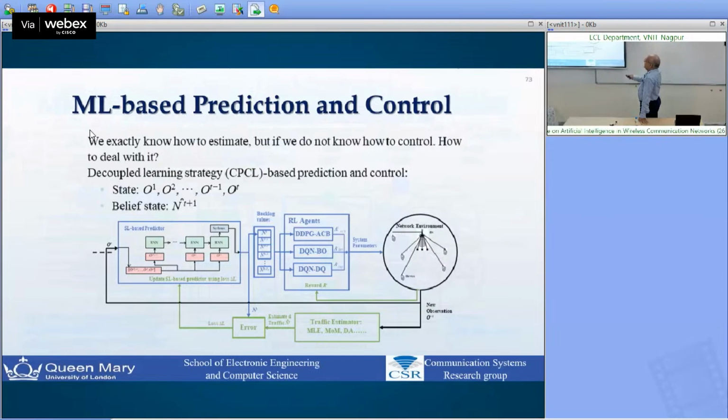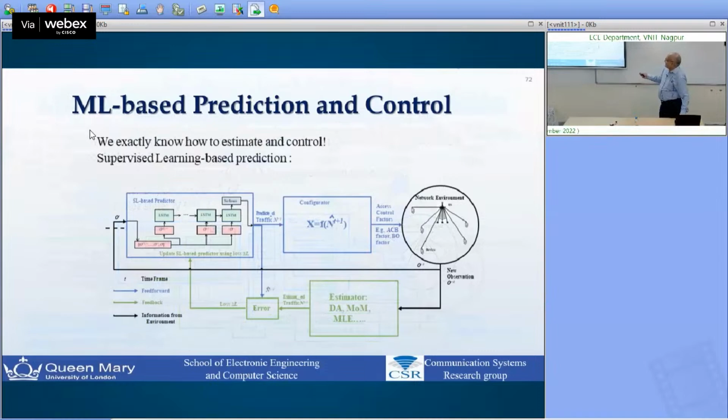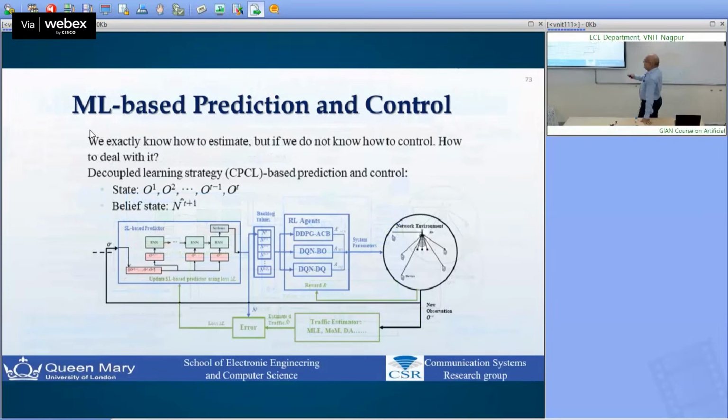That means this predicted value is used as the initial value for the reinforcement learning agent. Earlier we haven't used the reinforcement learning agent, just the predictor, and then it calculates the ACB factor. Now the predicted value is used as the initial value for the reinforcement learning agent, such that we can improve the performance further.